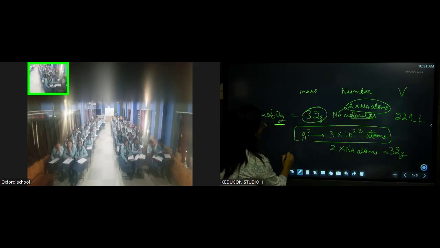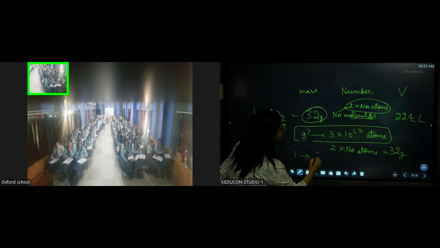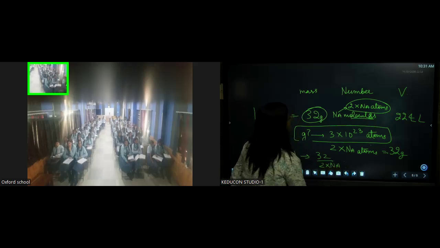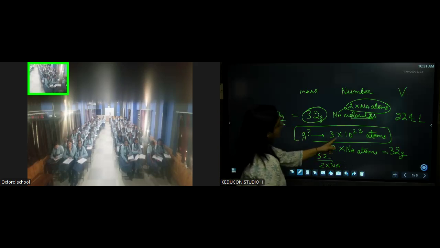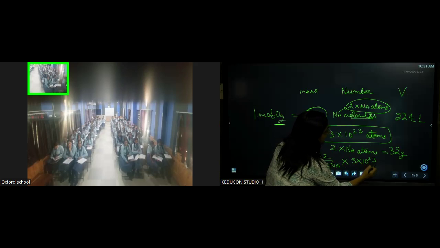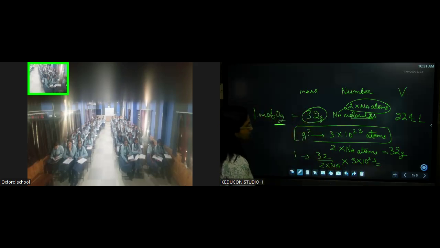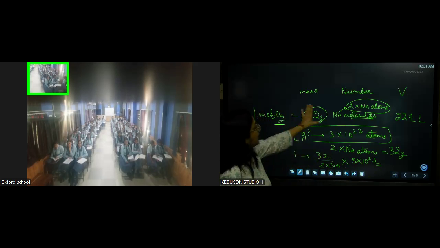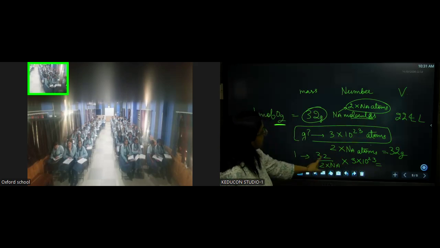So one atom will have 32 upon 2 into Avogadro number of grams. And 3 into 10 raised to power 23 atoms will give you this much grams. You have to solve it. Okay? This is just unitary. Write the existence for what is given, and calculate for what is asked.